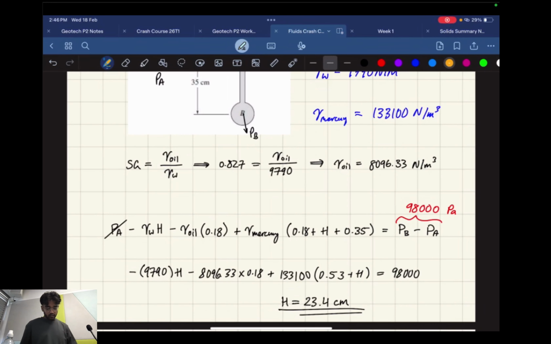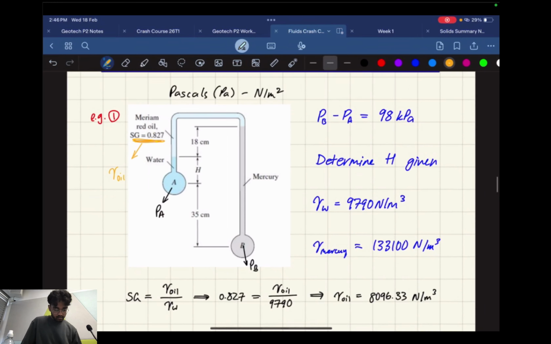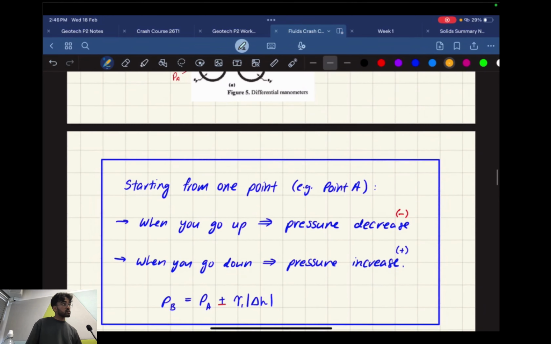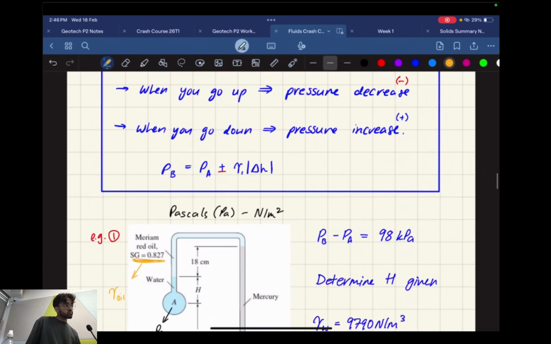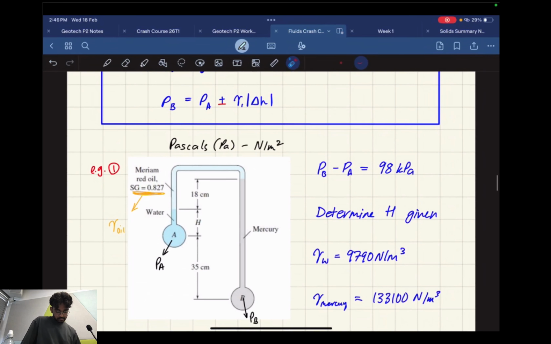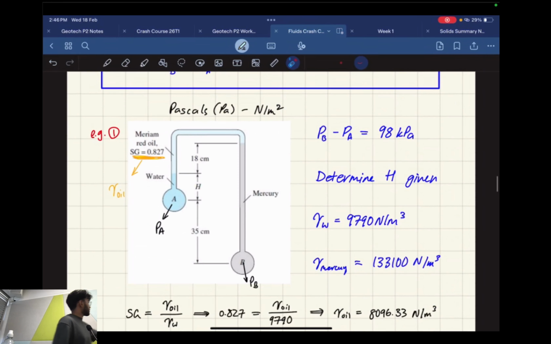And then we're going to start from point A. I'm going to make my manometer. SG is also density of the fluid over density of water. If you want to go to density, 8096 divided by 9.